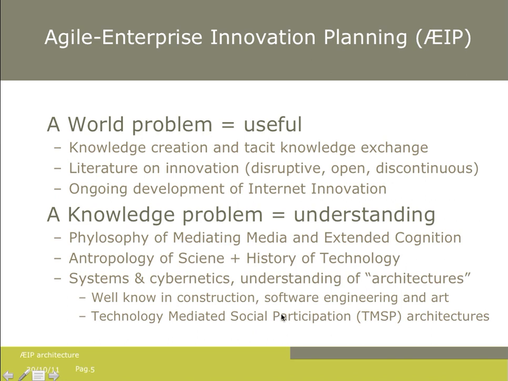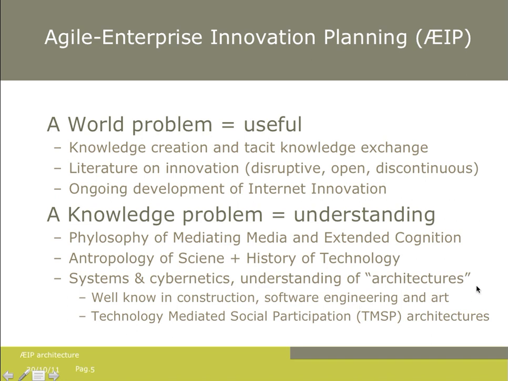Now, architecture is well known in construction, and if we talk about architecture, people think about buildings. There you clearly see that the blueprint, which is made by the architect, can easily get constructed. In software engineering, definitely in object-oriented programming, they talk about object-oriented architecture. So there the link is also very clear.